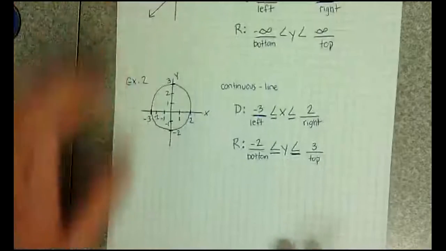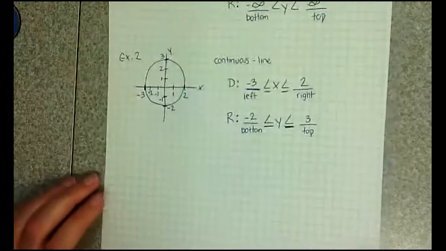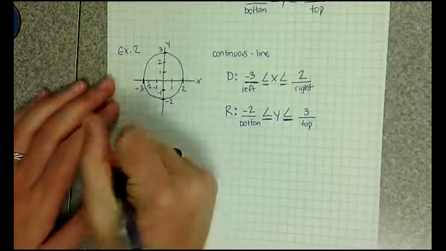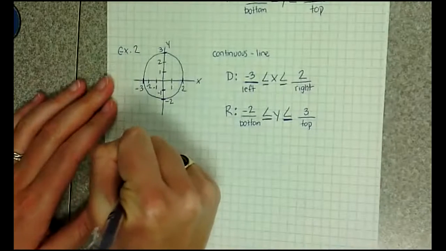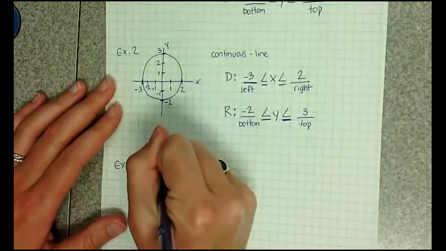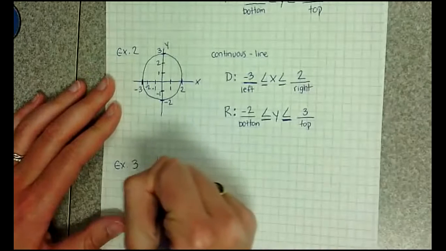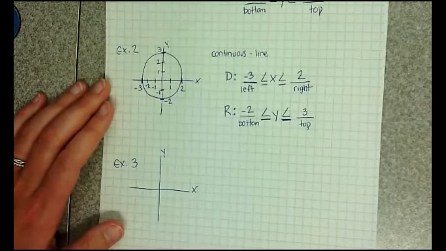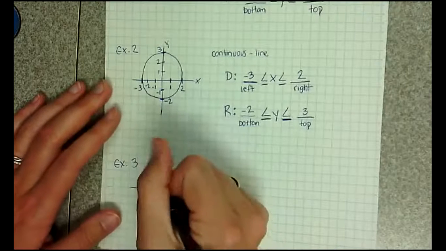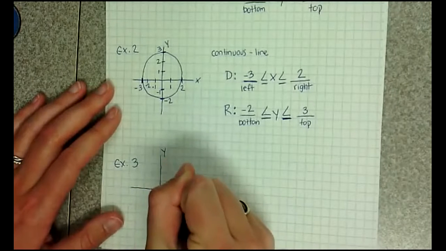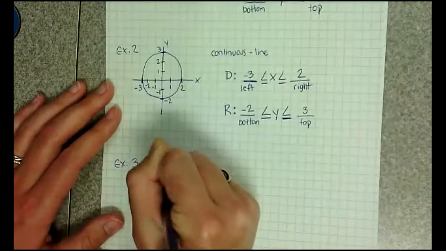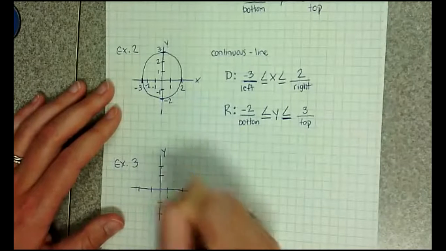Okay. Let's try another one. So my thought is I'm going to walk through one more and then I'm going to attempt to have you guys try some. So our next graph that I want you to sketch. We're going to draw on the X and the Y axis. And we're going to go ahead and put some numbers on our graph as well. So this is 1 and 2.